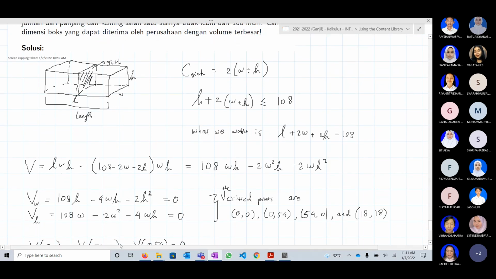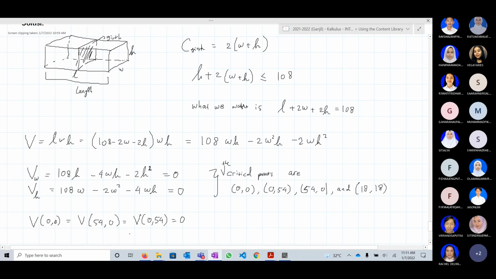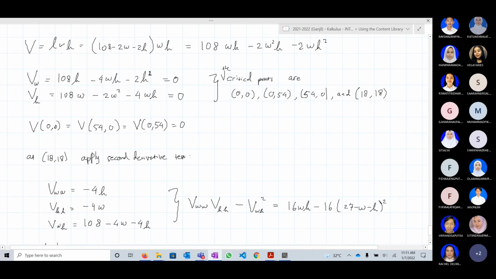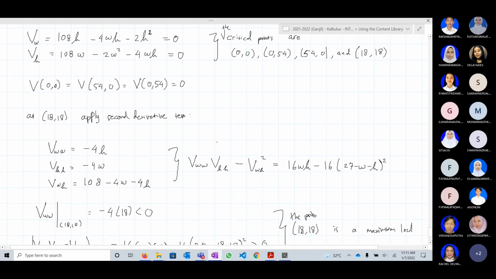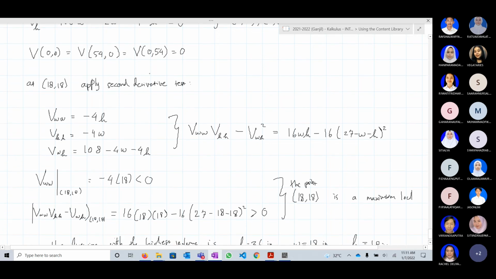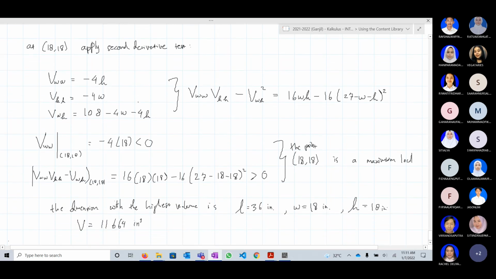Kita gunakan ini supaya rumus volumenya lebih sederhana, tinggal W dan H saja, tidak ada L lagi. Kemudian kita cari titik kritis dari turunan pertama yang kita buat sama dengan 0. Kemudian kita cek titik-titik kritis tersebut menggunakan uji turunan kedua, apakah titik-titiknya maksimum atau tidak. Ya, ada pertanyaan?